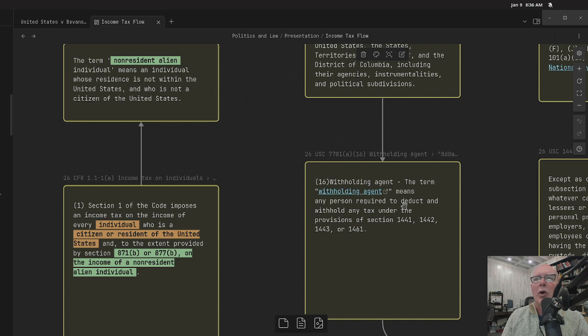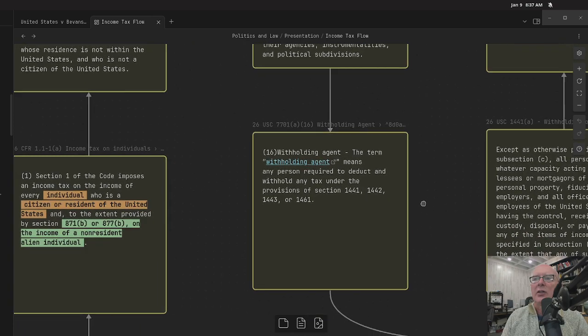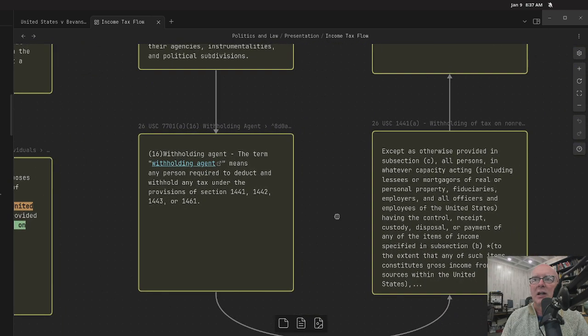So the term withholding agent means any person required to deduct and withhold any tax under provisions of this section or of section 1441, 1442, 1443, and 1461. So that is what they classify as a withholding agent. Now, this is where it starts to get kind of interesting.